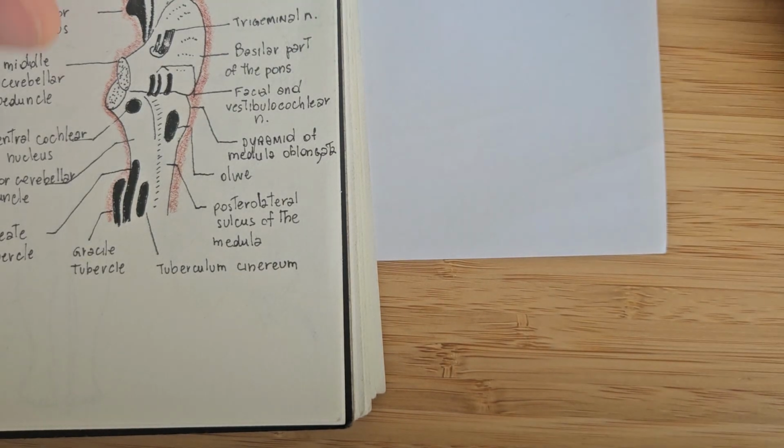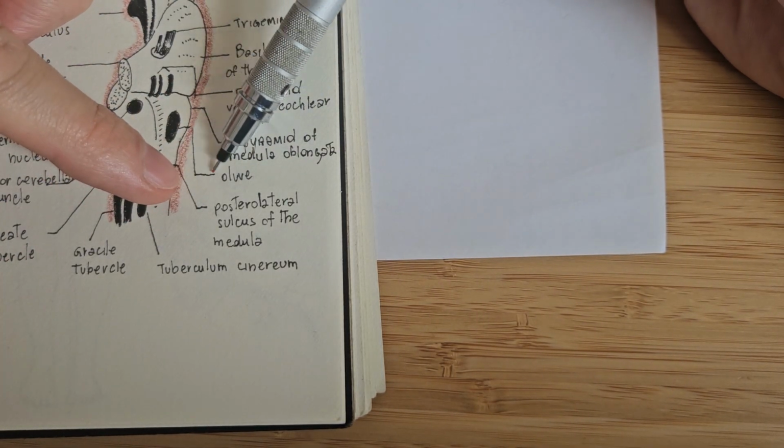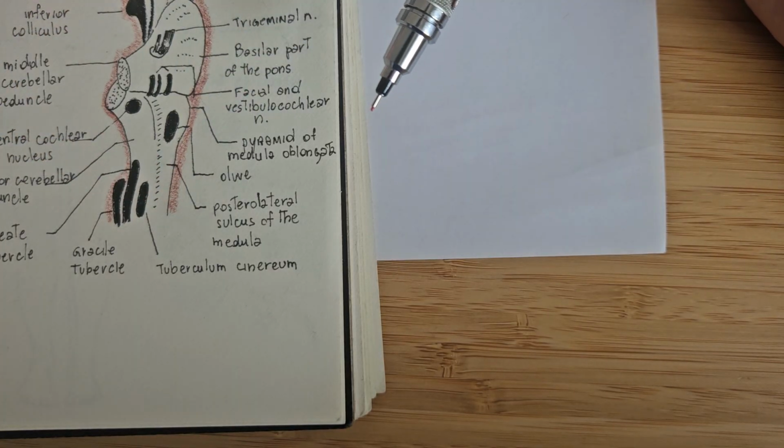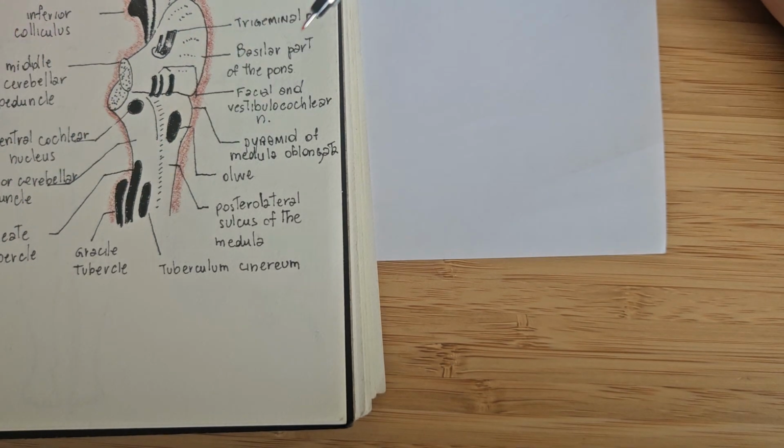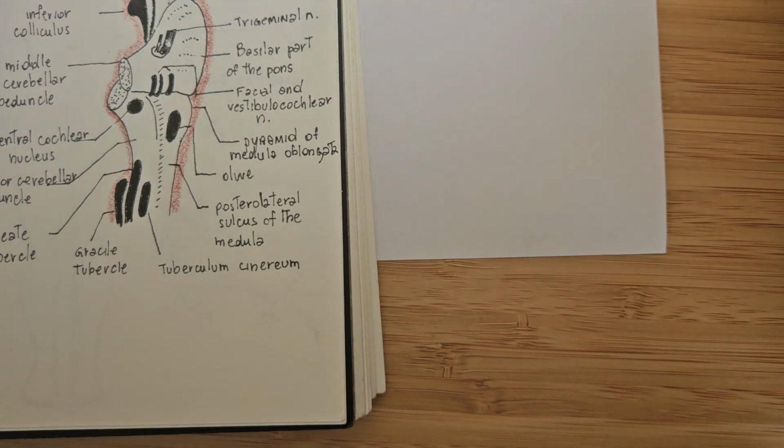Lesions affecting the olive, okay, can disrupt motor coordination. More commonly, it is affected in diseases like multiple sclerosis. Just have a look at this. I think that it might be relevant if you want to work with neurophysiology.